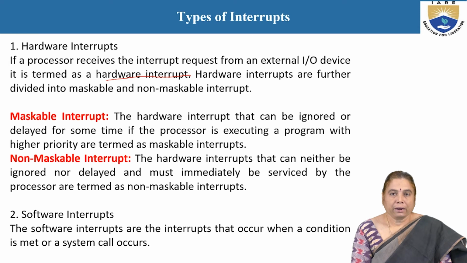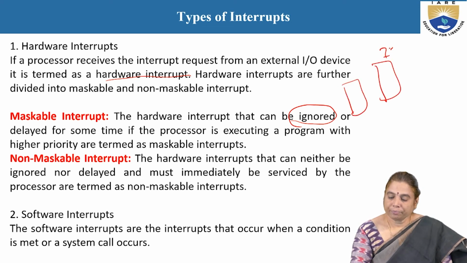Hardware interrupts are again of two types: maskable and non-maskable. A maskable interrupt can be ignored or delayed for some time if the processor is executing a program. For example, this is the main program and this is the ISR.